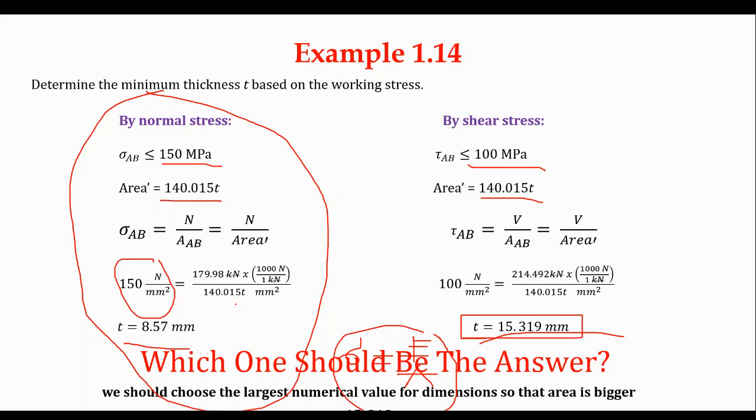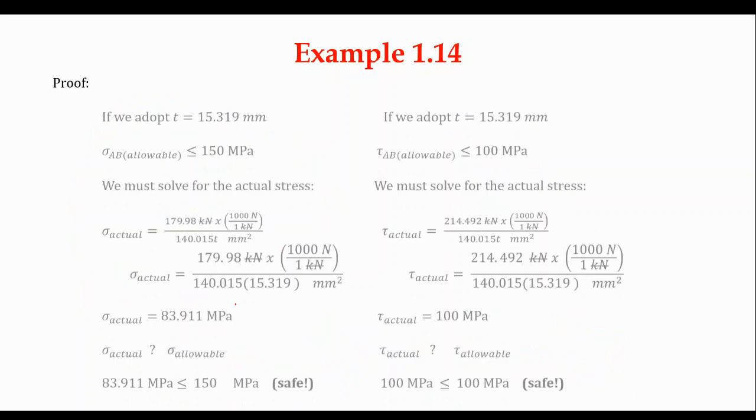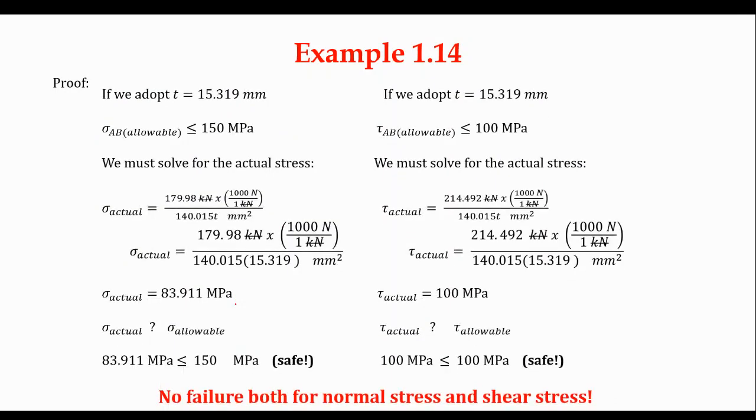Okay, there's also another proof na dapat 15.319 ang atoang pilion na thickness. If we adopt T equal to 15.319 millimeters, i-try daw nato i-solve ang actual stress. Ang actual stress para sa normal, force over area. In this case, gisubstitutan nato ang thickness og 15.319.